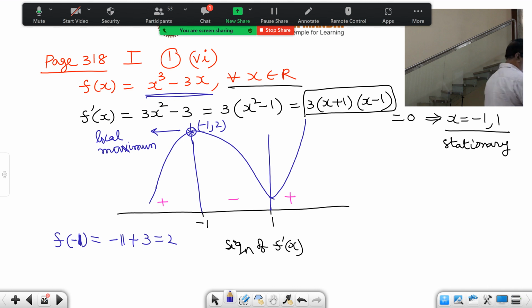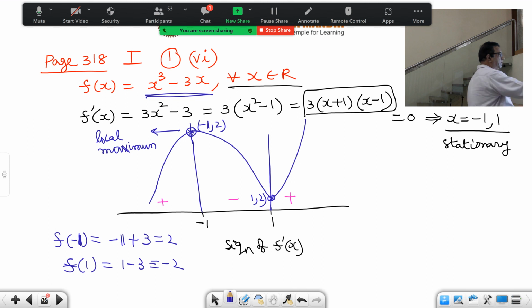At x equal to 1, you have to calculate f of 1. f of 1 is 1 cube minus 3, that means 1 minus 3, minus 2. So this point is 1 comma minus 2. So the final answer is like this. x is equal to minus 1 is a point of local maximum, and the local maximum value is f of minus 1, that is 2.